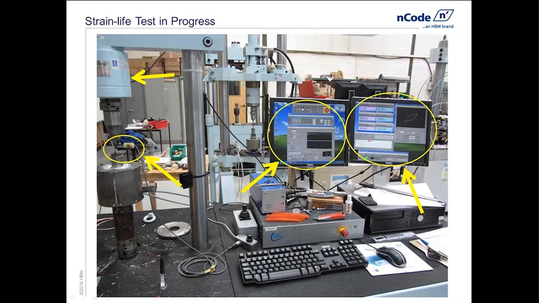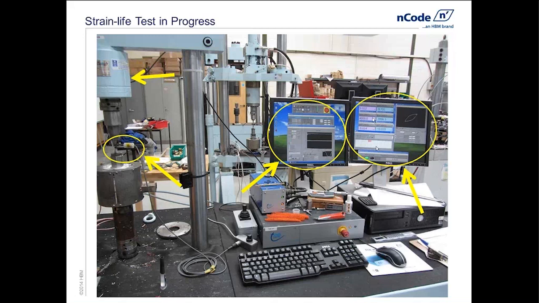The other two circles here: the first circle, historically, would have been an analog control unit. Today, it's being driven by a computer, and so the display you see here, the CRT, is showing a display of what would have been the analog control unit. And this is actually driving the rig, basically maintaining a constant strain by looking at the output of the strains from the specimen.